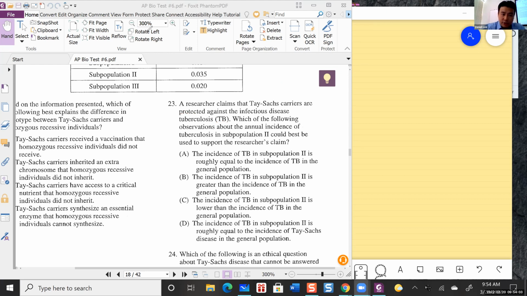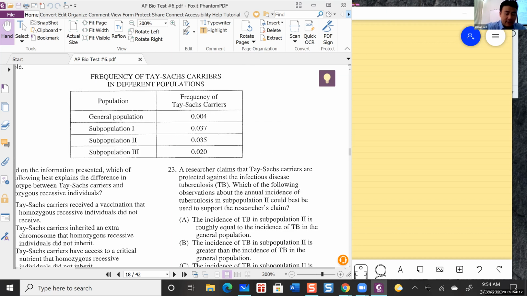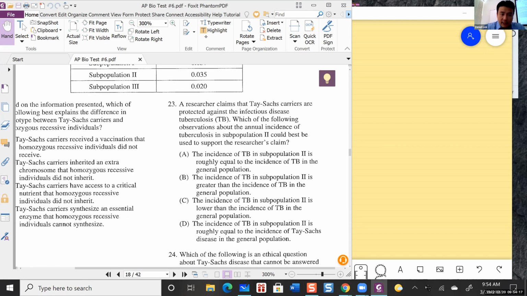Well, subpopulation 2 has a lot of carriers, relatively. 37 is the highest of all the populations. So what do we want to do? Support the researchers' claim. What is this claim? That carriers are resistant to TB.